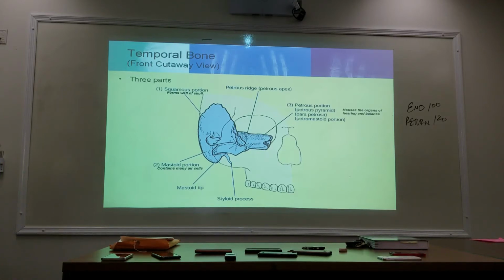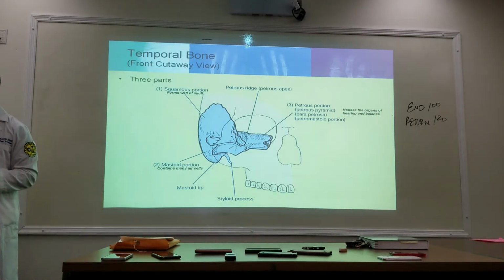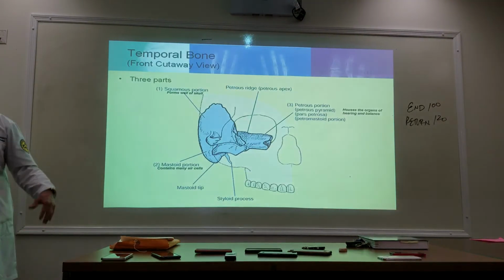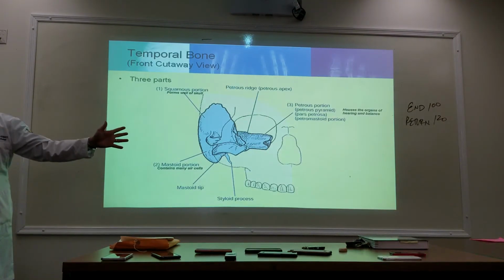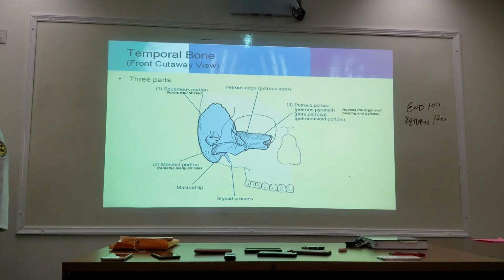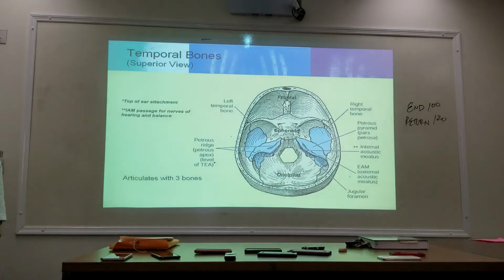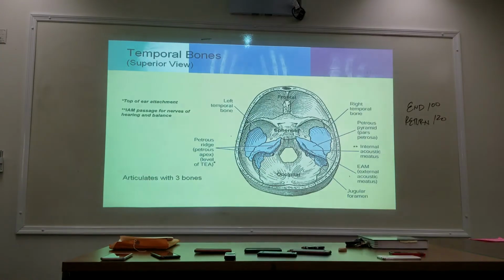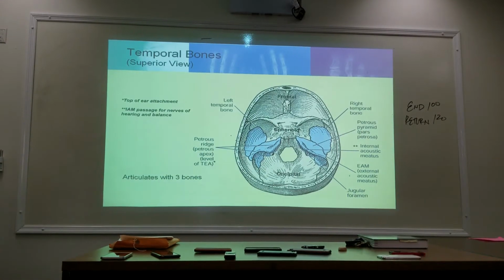All right, let's keep on going. So again, you can look at the three parts. You've got the squamous portion, which is the flat part, the mastoid portion, which contains the air cells, and then the petrous portion. And here is an infero-superior view of the temporal bone.